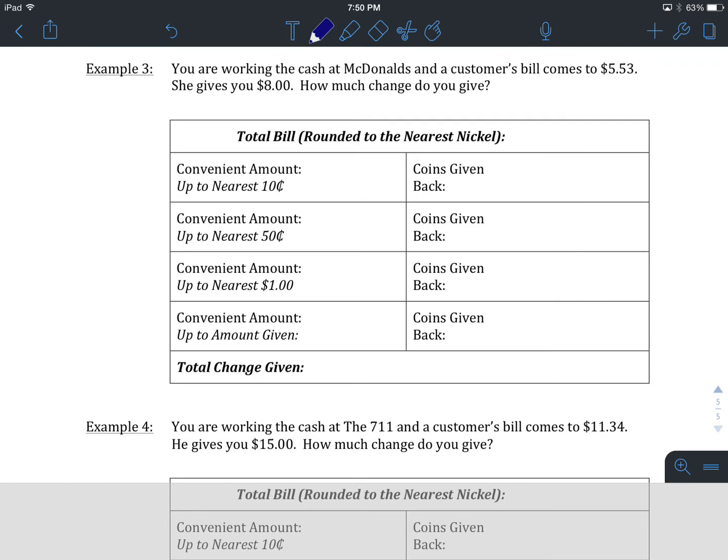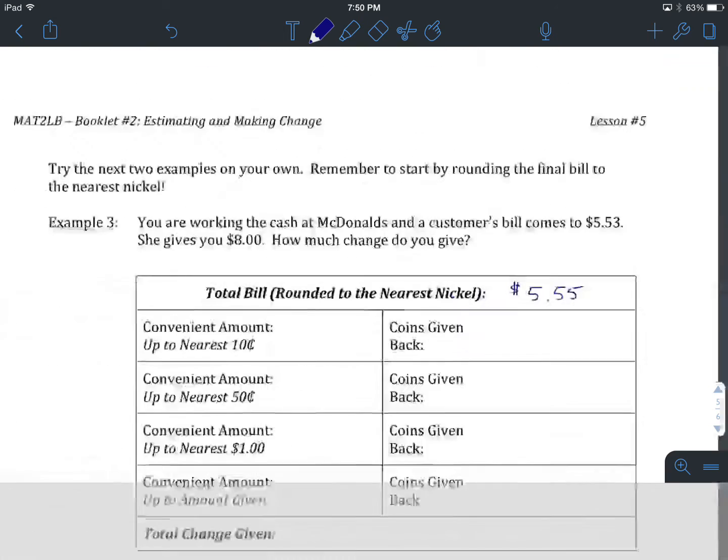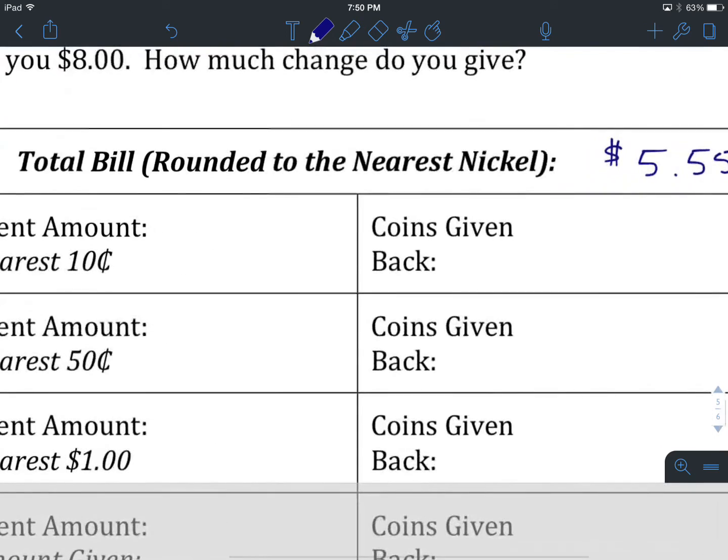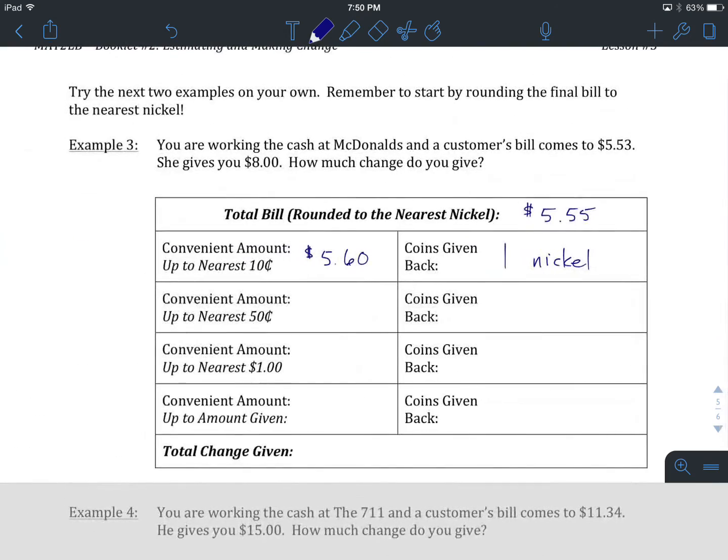Okay, you're back. Let's start with the rounding. When we round this bill to the nearest nickel, we have $5.55. We are going to move to the nearest convenient amount of $5.60, which is going to be 1 nickel returned to our customer.